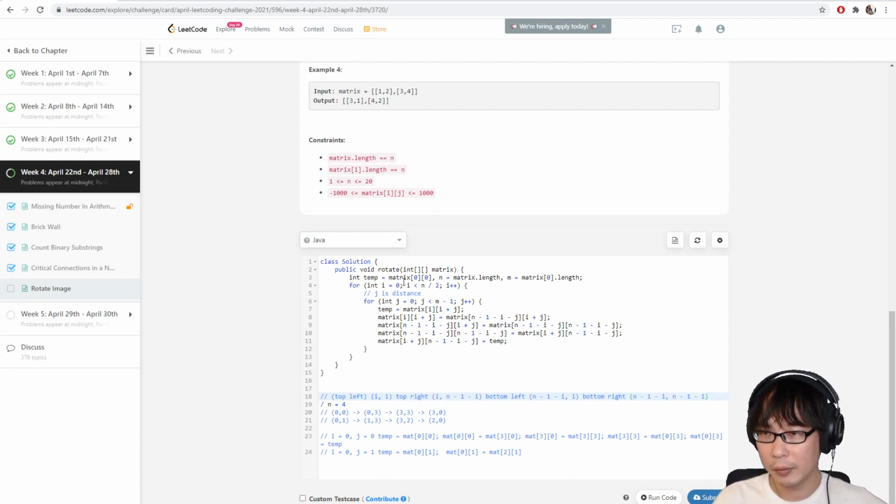So I still have I start from 0 to n divided by 2. But what is j though?